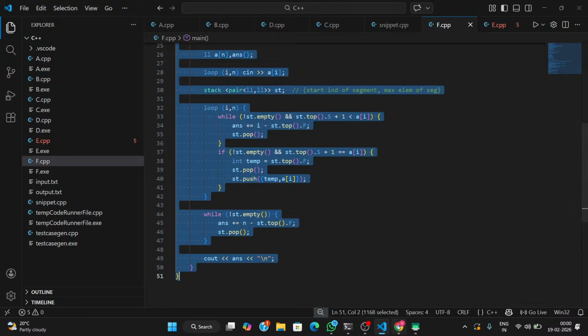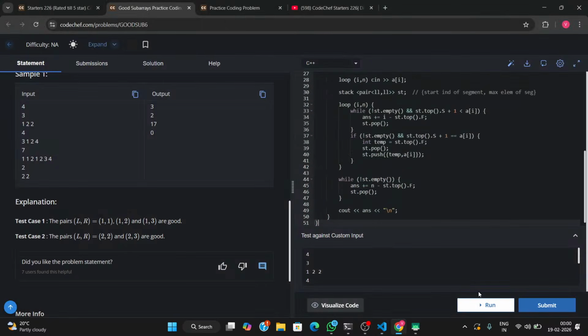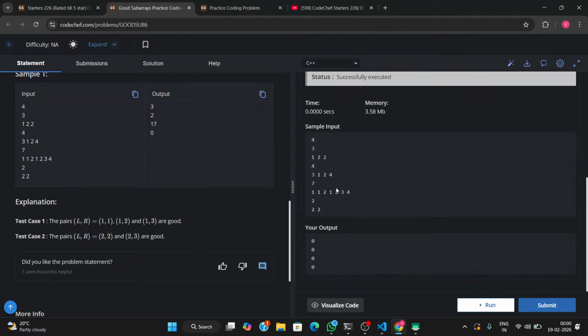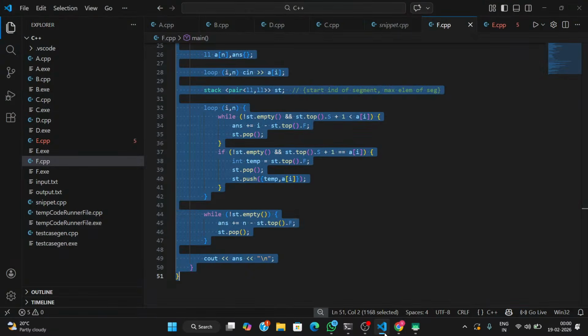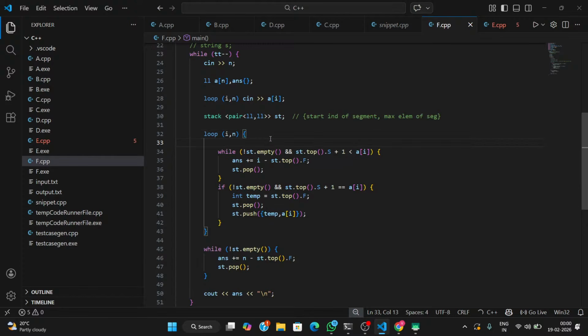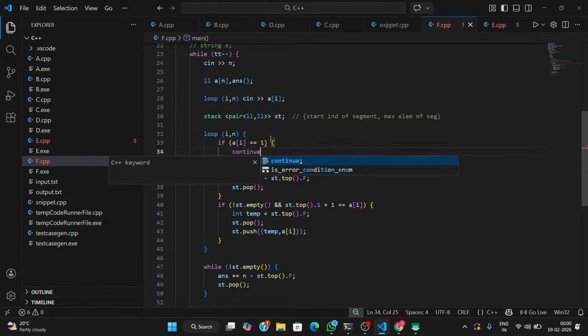Let's see if the code works fine. Wait a second. What am I doing? Oh, yeah. Whenever a one comes, we need to start a new segment, right? So if A[i] is equal to one, we need to start a new segment.